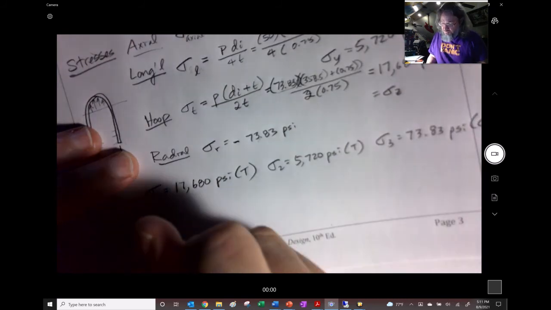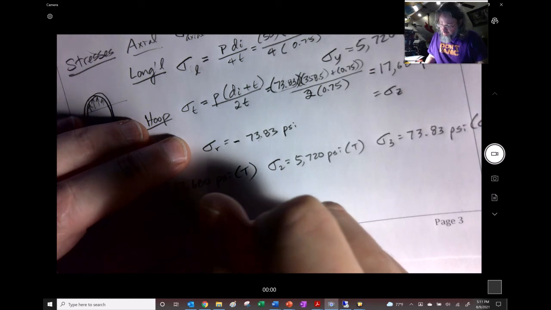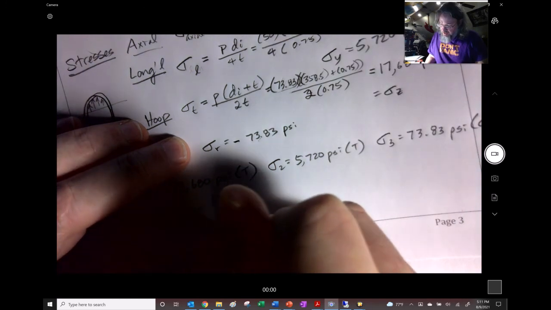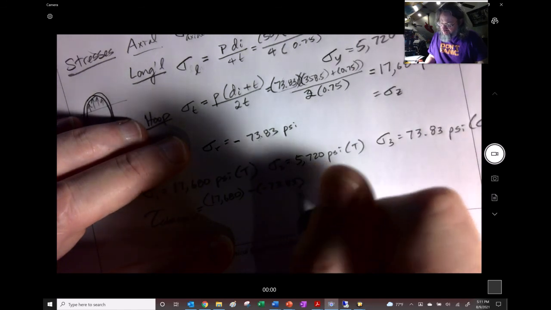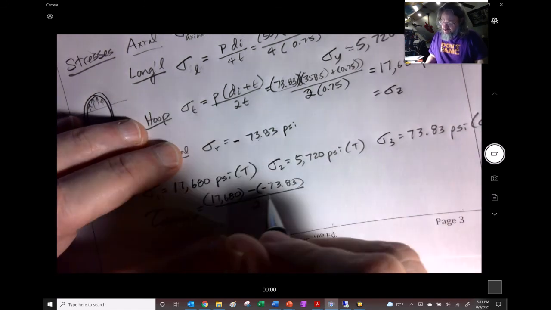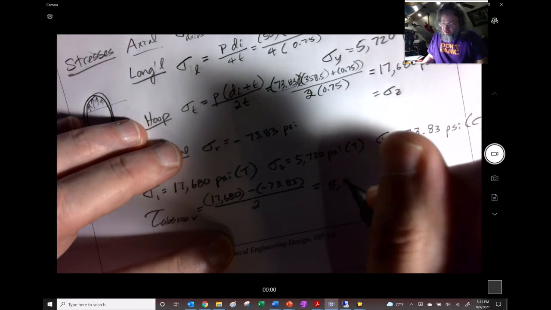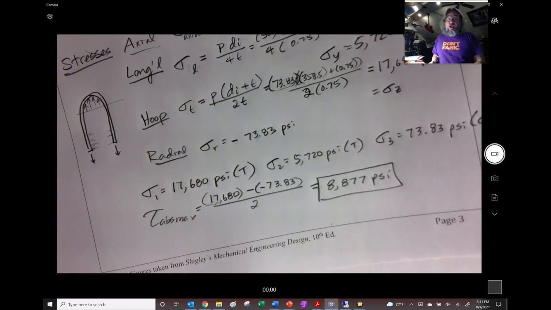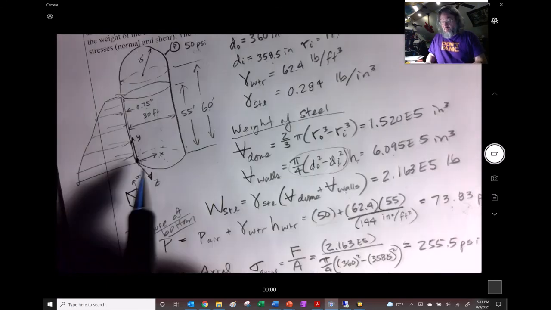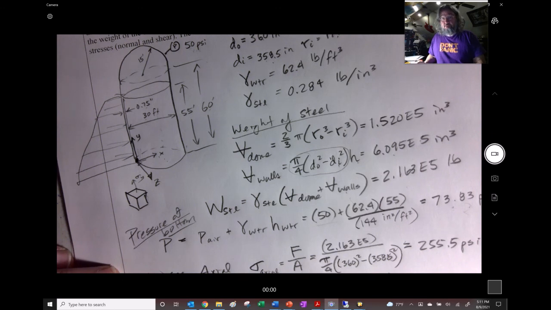And so tau abs max is going to be 17,680 minus 73.83, and it's not really going to change, since this is so much smaller than that. But you end up with 8,877 psi, which is what the absolute maximum shear is going to be felt in a stress element that's right here at the bottom of the tank.